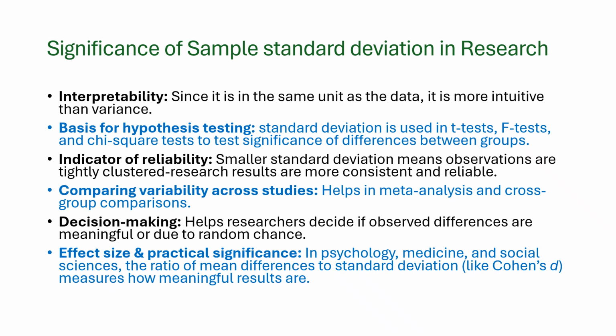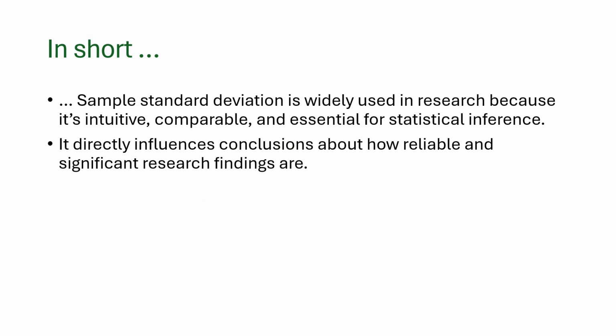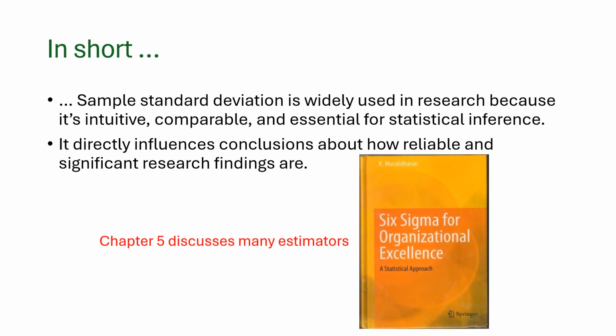Effect size and practical significance: in psychology, medicine, and social sciences, the ratio of mean difference to standard deviation measures how meaningful results are. So in short, standard deviation is widely used in research because it is intuitive, comparable, and essential for statistical inference, and it directly influences conclusions about how reliable and significant research findings are.